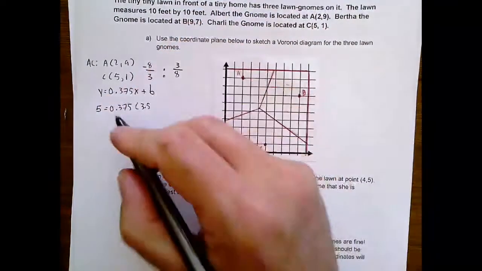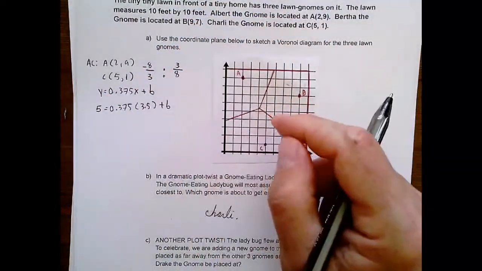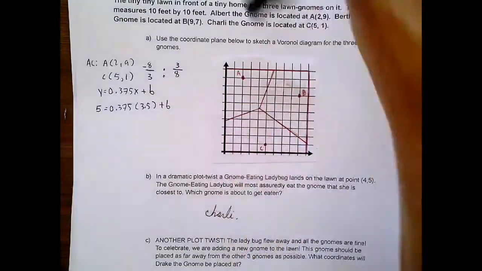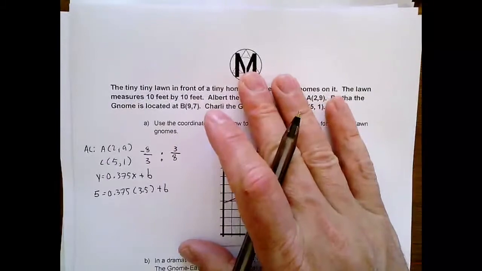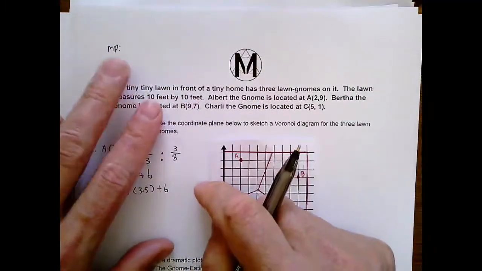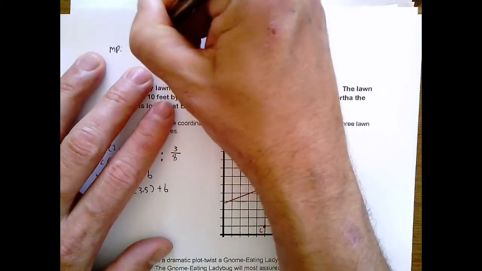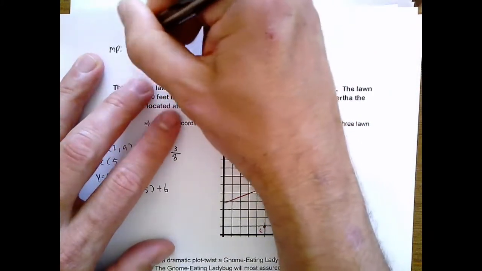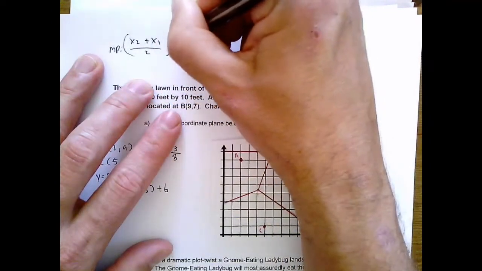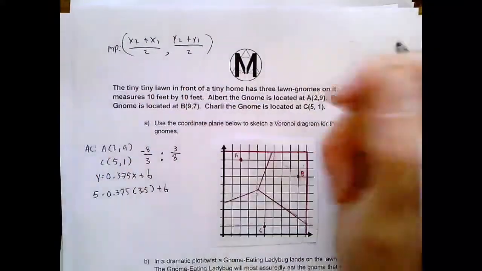So we have the slope times the midpoint plus b. Let me come up here and write a quick sidebar, since I did that a little too fast. When we try to find the midpoint of something, you take the x values, add them together and divide by 2, and the y values, add them together and divide by 2. And that's what you'll get, okay?